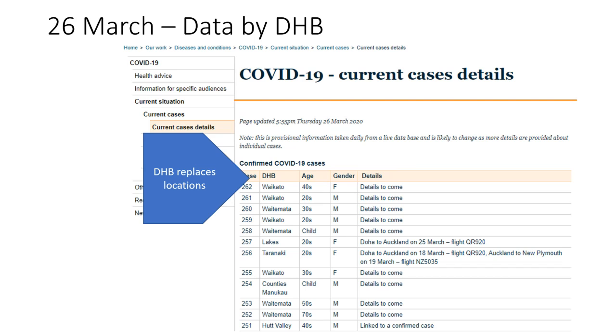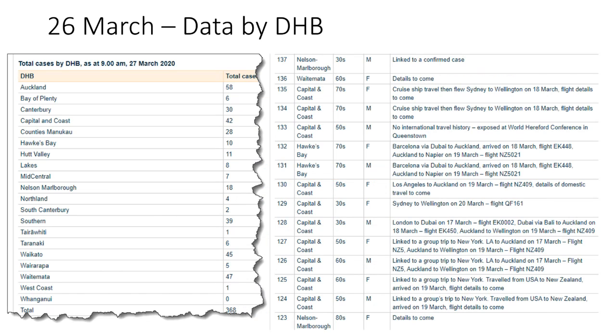I could throw that table out because now the DHB column would give me the information that I needed. But there was a problem with the data quality. When I looked at the table on the right, which is the table with the details, and the table on the left, which is the breakdown by region, I found that there were quite a few issues. For instance, Nelson Marlborough was spelled with a dash in one table and without in another.